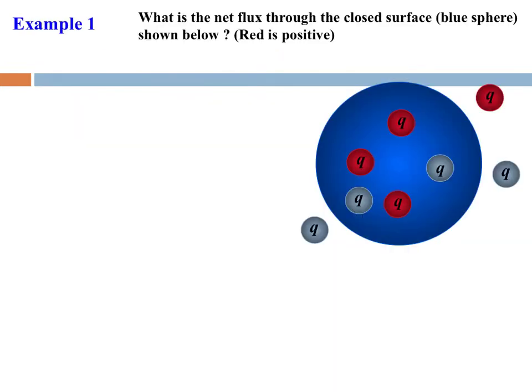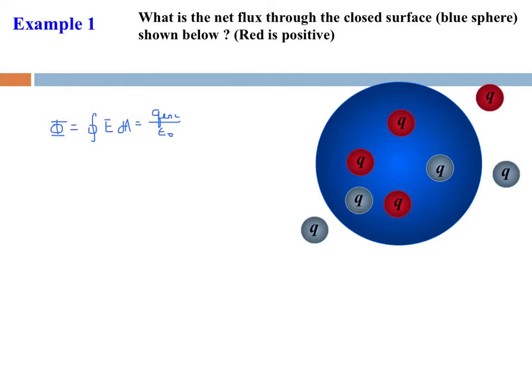In this example, the problem says, what is the net flux through the closed surface, the blue sphere, shown below? Here, our positive charges are going to be red, and our negative charges will be blue. So our flux, which is the integral of E with respect to A, is also equal to the enclosed charge over epsilon naught.